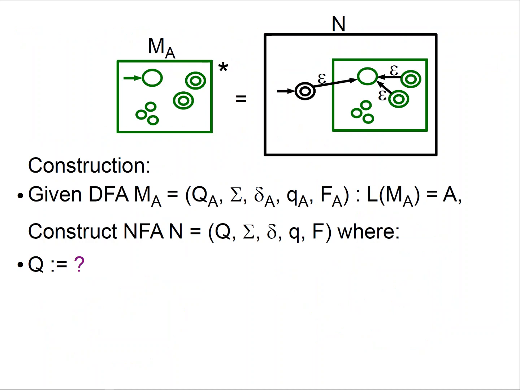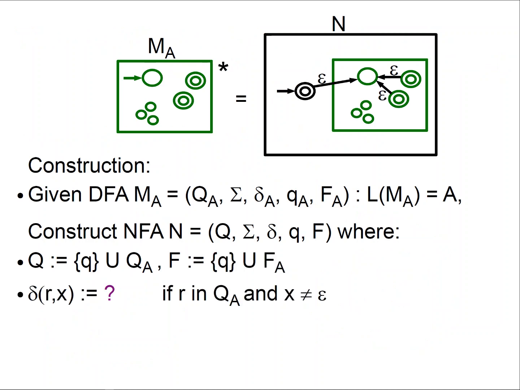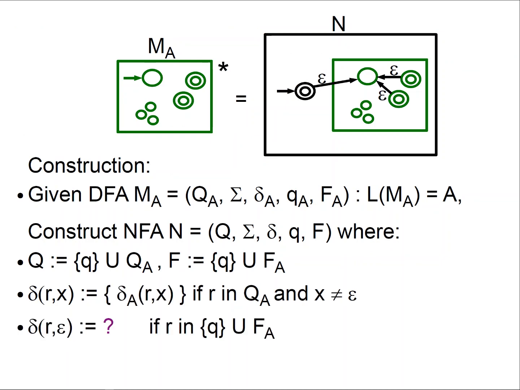Here is the formal construction. Q is the same set of states as QA, union a new state Q0. The accept states are the same as before, union the new state Q0. The transitions delta of R, x: if R is in QA and x is not the empty symbol, it would be just like the one in the DFA MA.